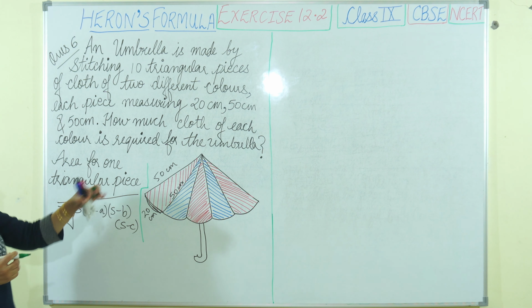That gives 1000 under root 6 centimeter square. So this is for one color.